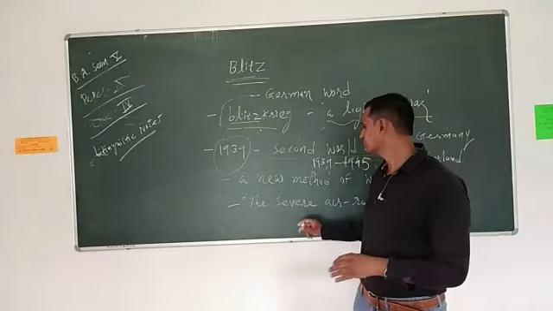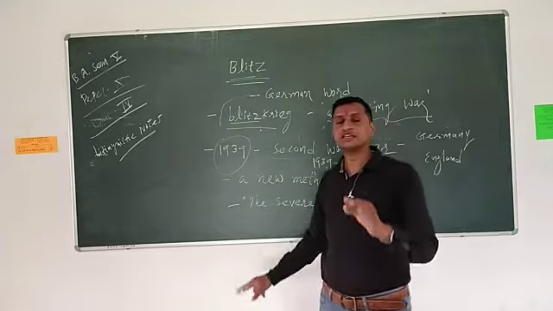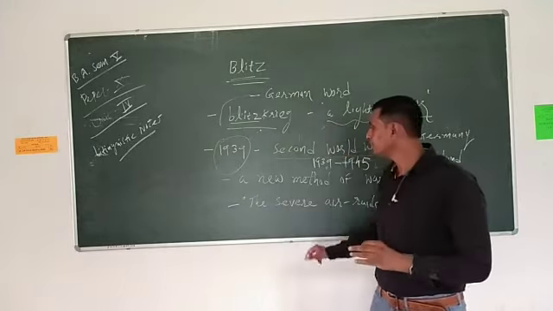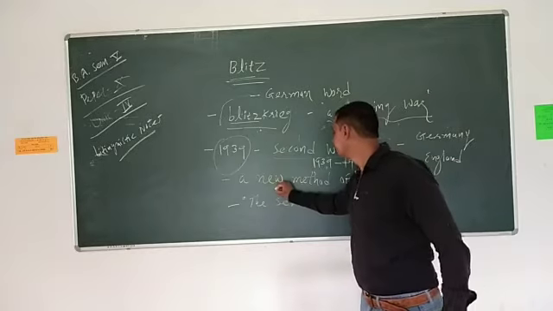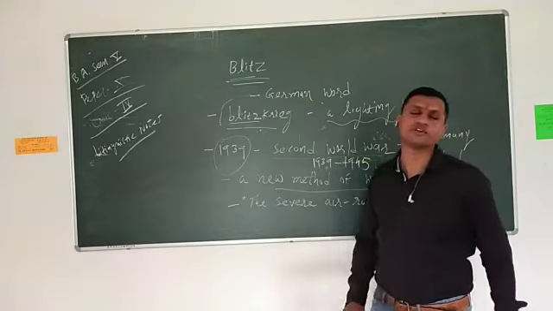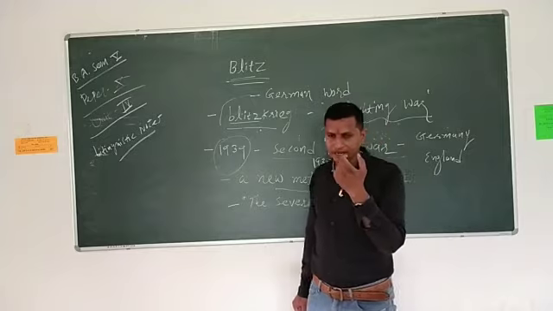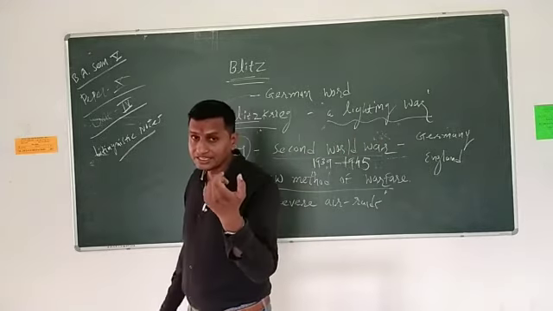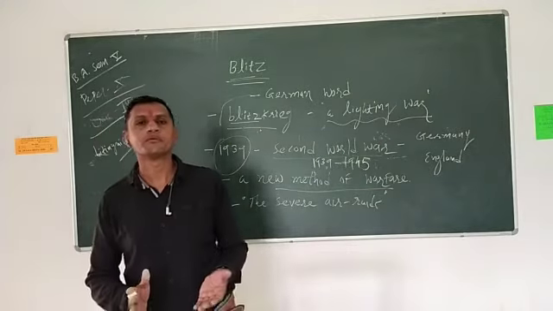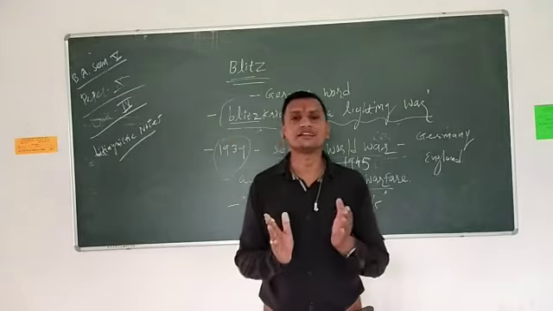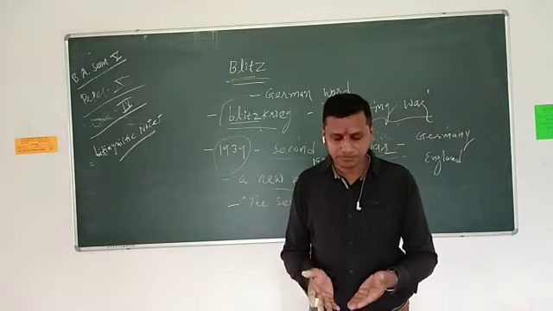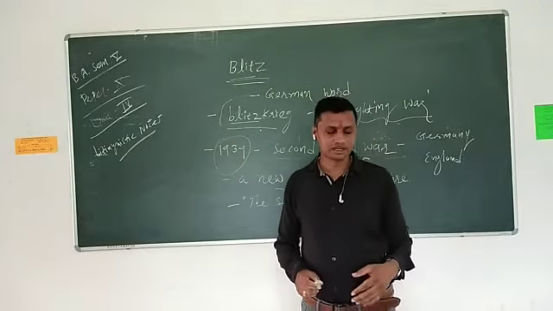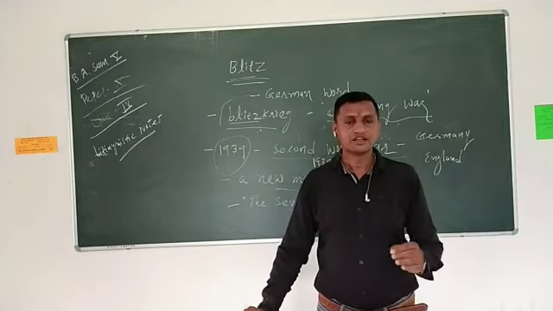Further, we can study that in 1939, Blitz was a new method of warfare, a new kind of method for the army. In technical words, friends, we try to understand it. I just read it there.